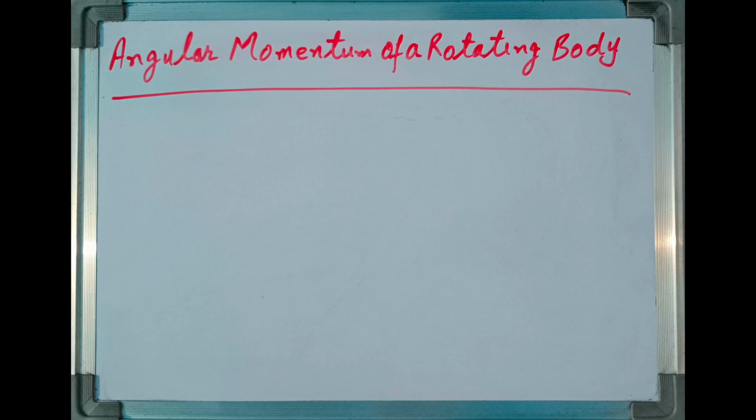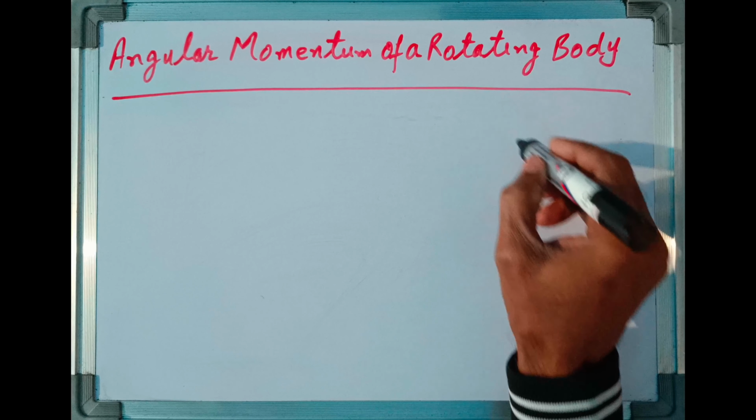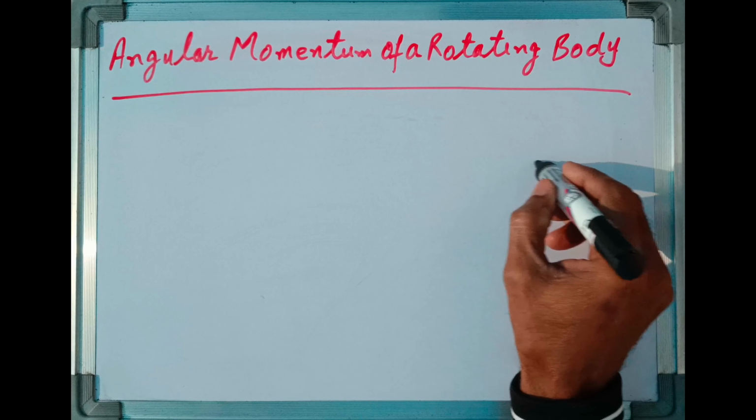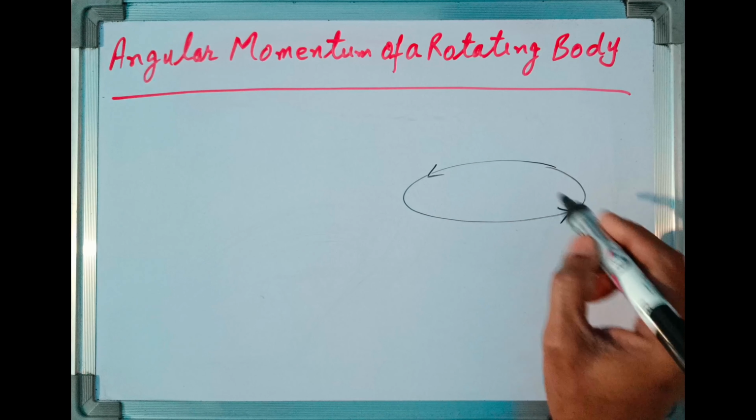In this lecture, I will share some very important points about angular momentum. Angular momentum is the property of a rotating body. Suppose a body is rotating in a plane about an axis.